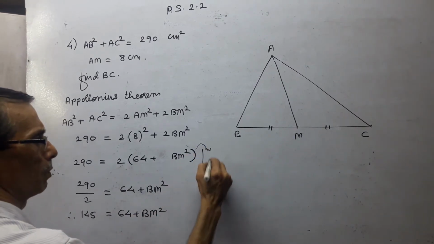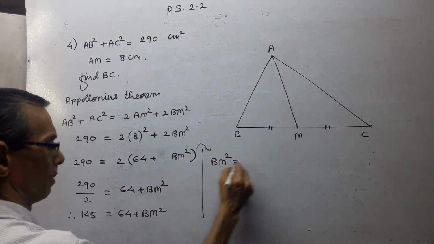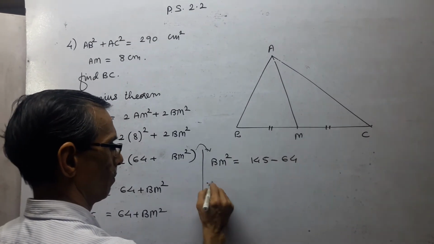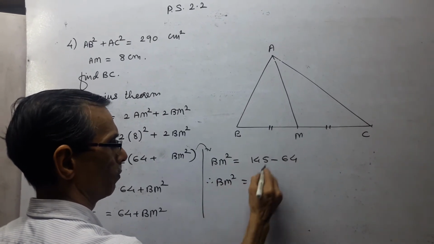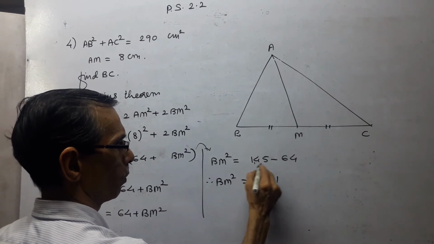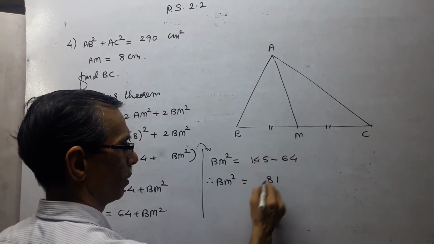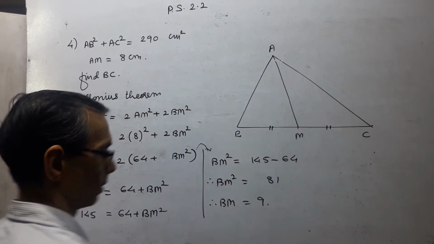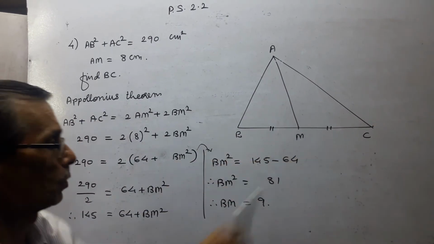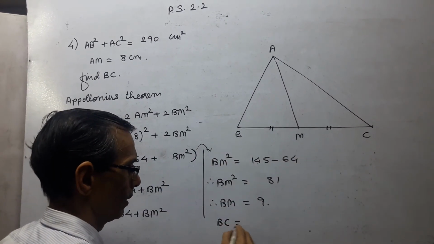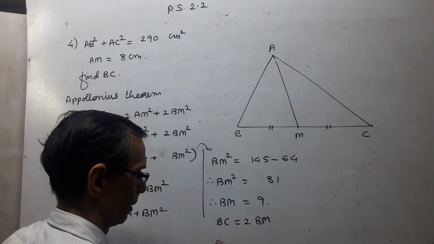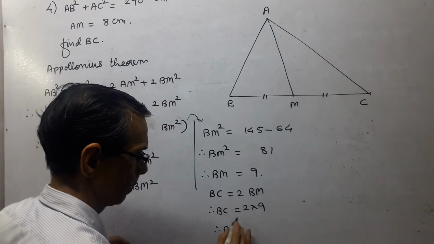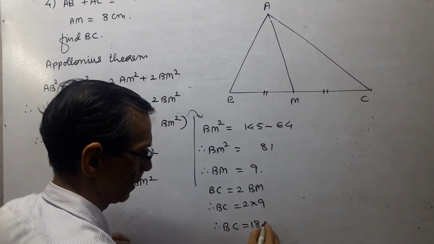And therefore BM square is equal to 145 minus 64. 5 minus 4, 1. Borrow 1 here, so you get 8, so it is 81, and therefore BM is equal to 9. Now what they asked is BC, and we know BC is 2 times BM, and therefore BC is equal to 2 into 9, and therefore BC is equal to 18 centimeter.